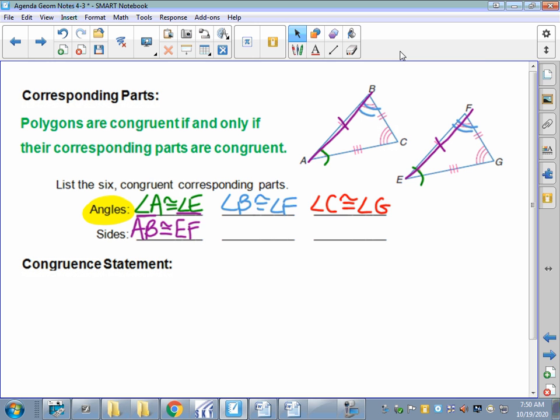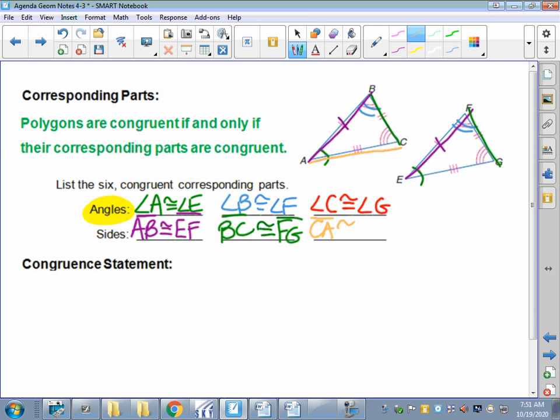So that means that side BC would have to be congruent and corresponding to FG. And last but not least, if I name this last one CA, that's going to be congruent to, would I name it EG or GE?